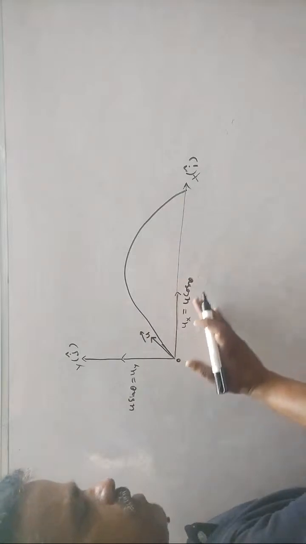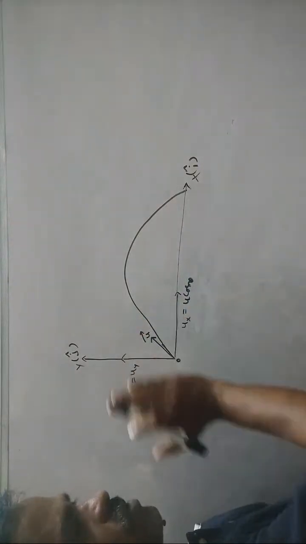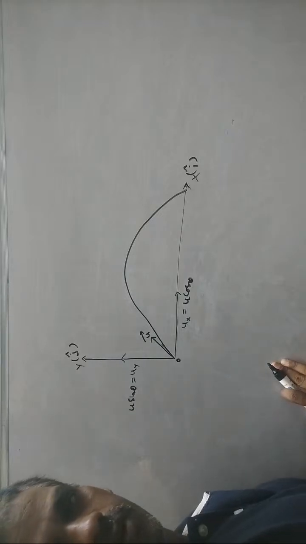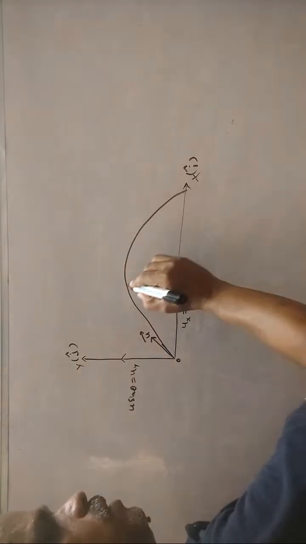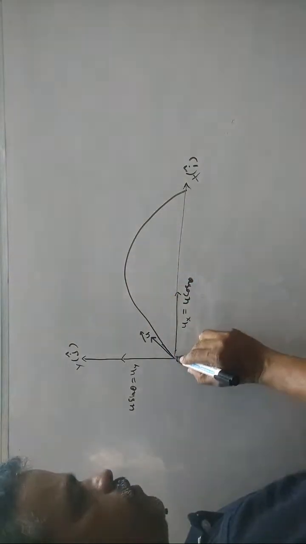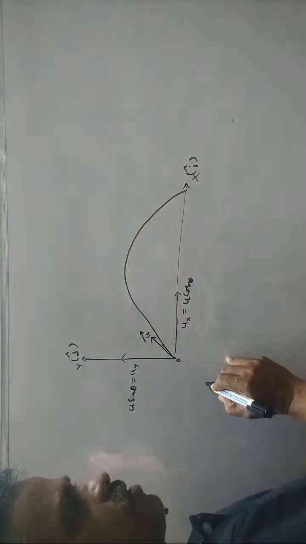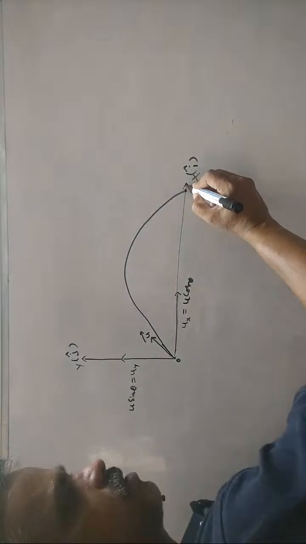What we did now is just express the velocity vector in terms of two components. So by this information, the body is projected from here at the origin, and it falls on the ground at this point.